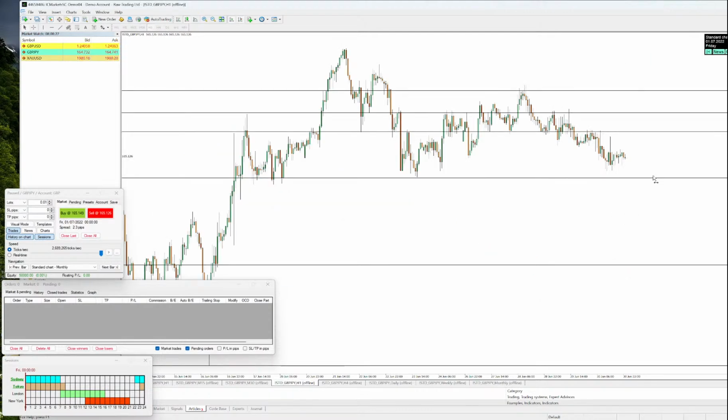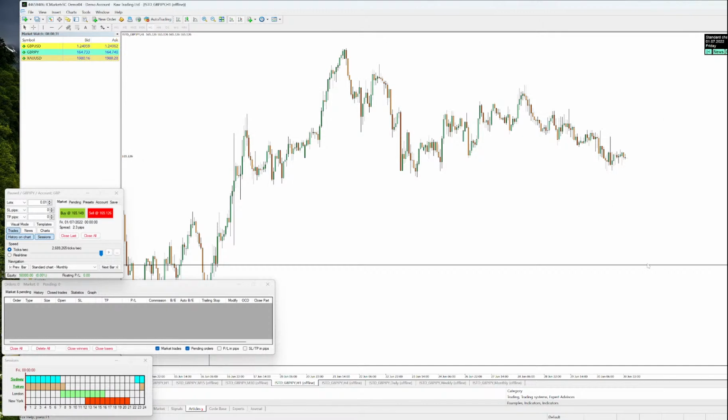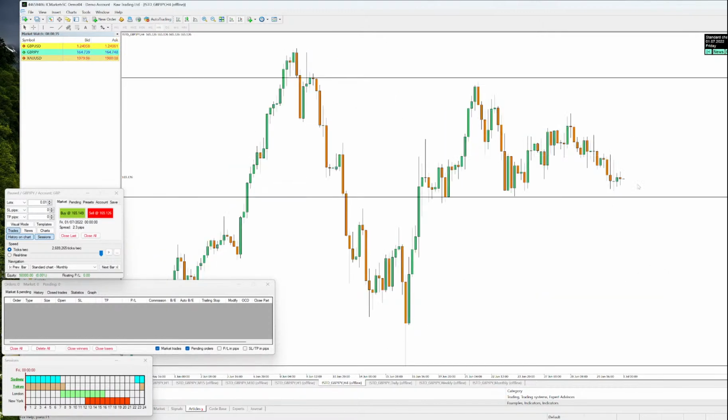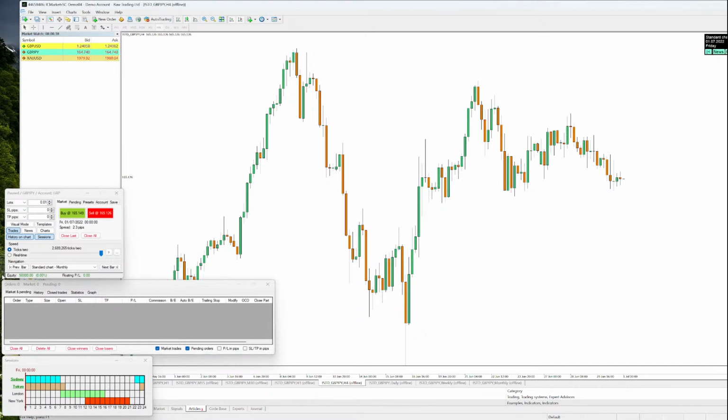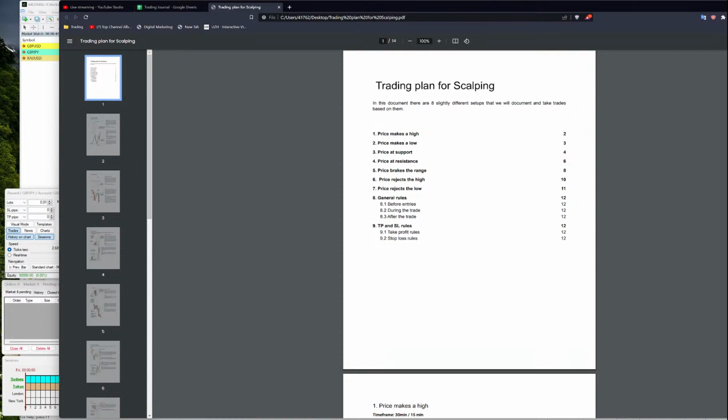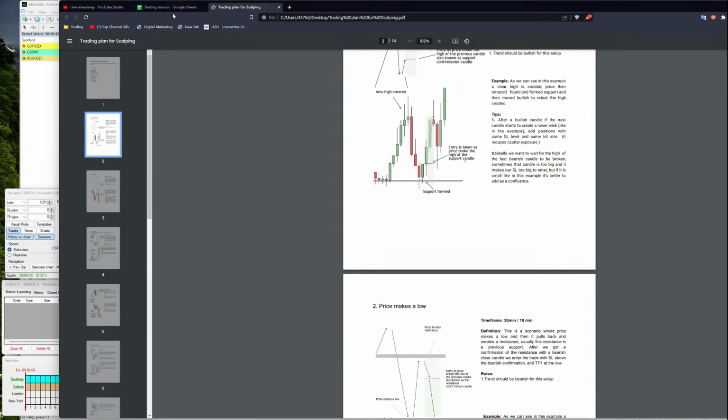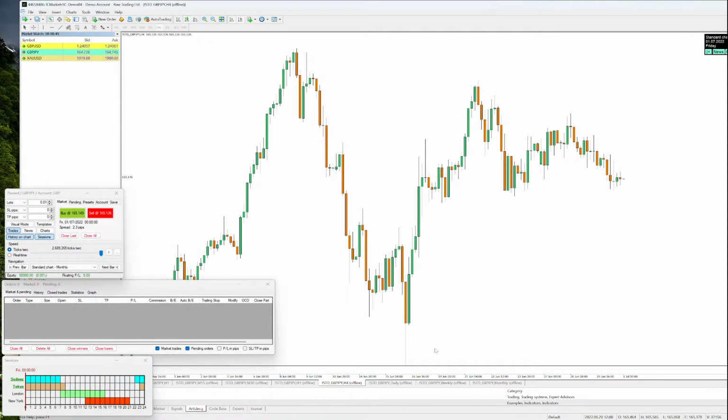And then we will start with a fresh analysis, and we will try to trade the whole week, backtest it using our backtesting trading plan that we have here, that you guys see.